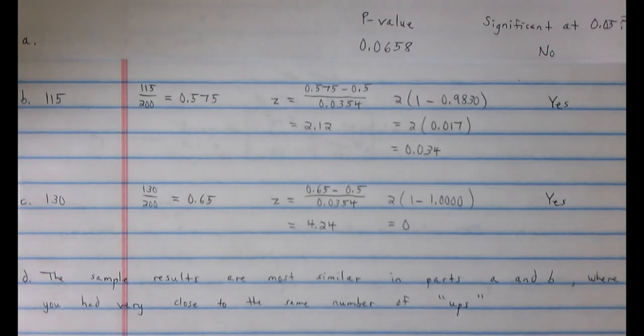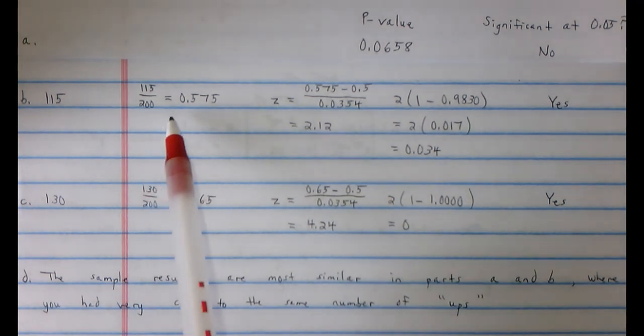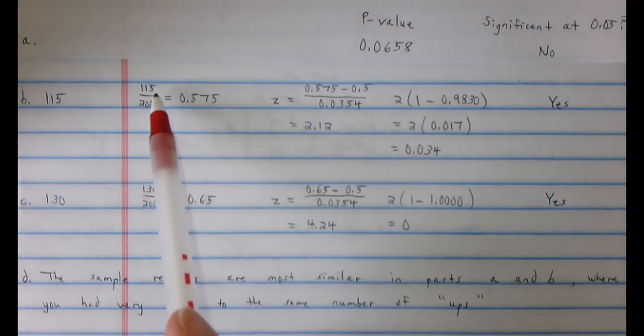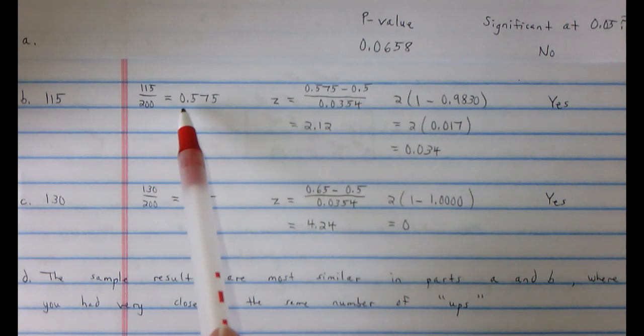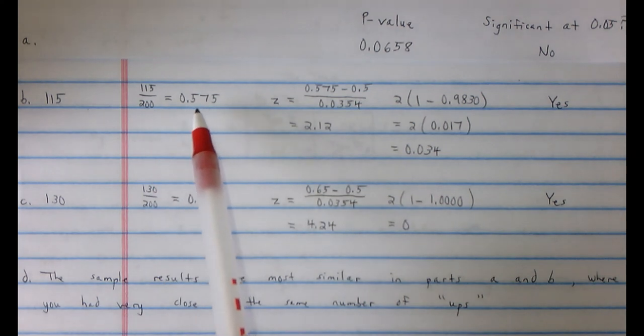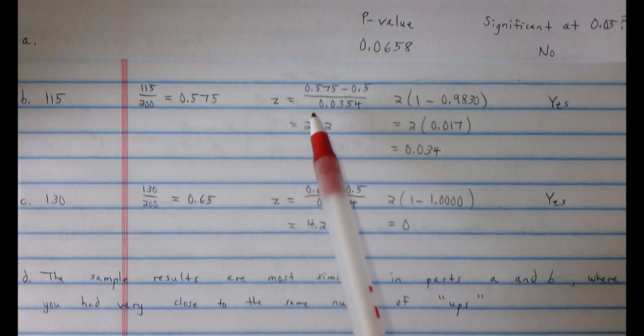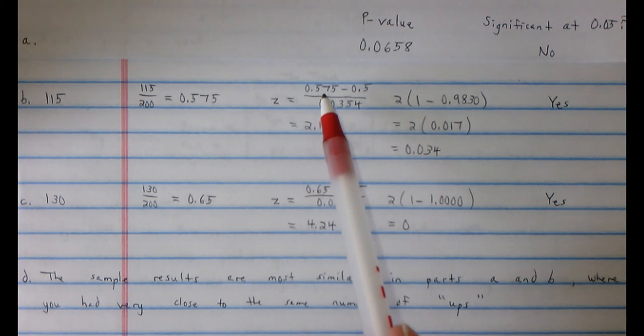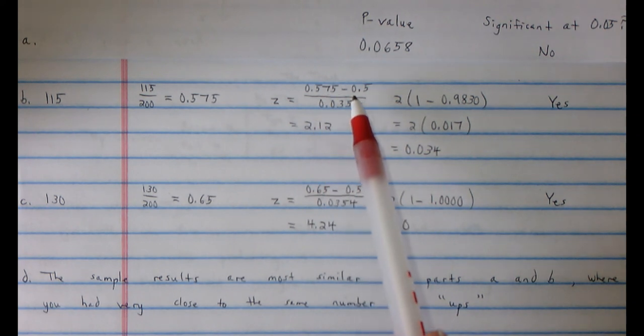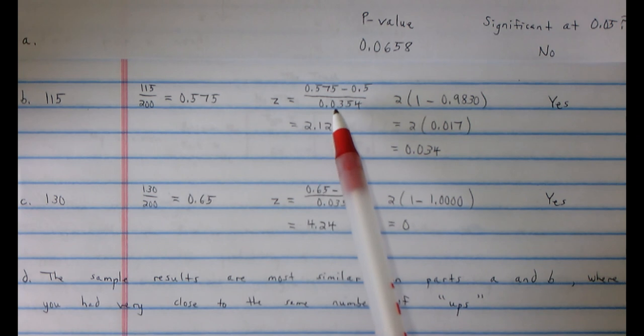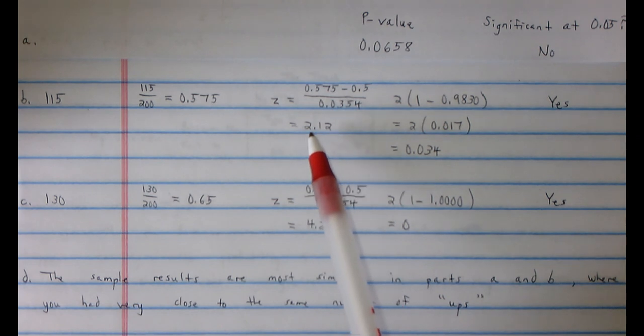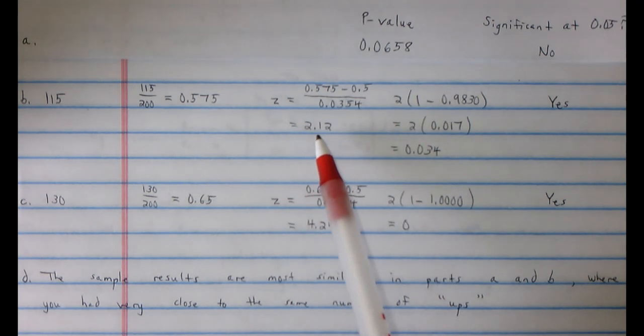For part B, let's suppose the number of up results is 115. Then our sample proportion is 115 out of 200, or 0.575. Our z-score is found by taking the sample proportion minus the hypothesized proportion over the standard deviation of the sampling distribution, and this gives us z equals 2.12.